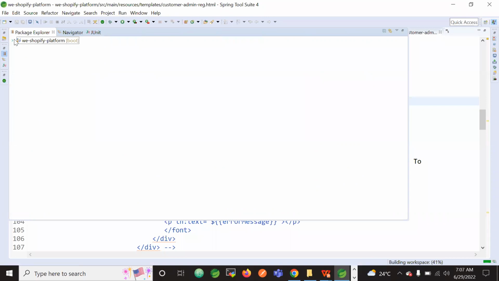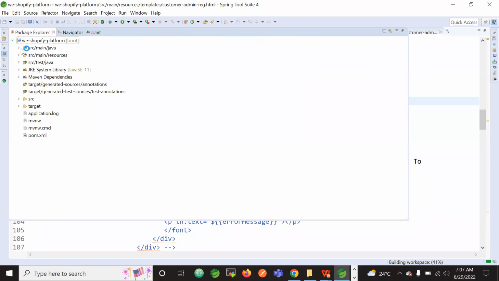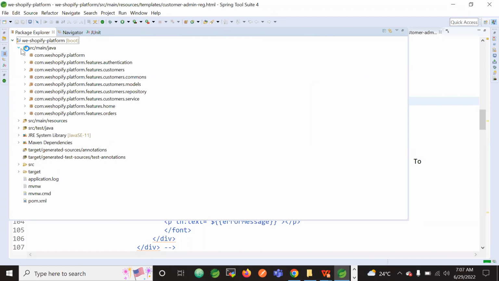For example, on my screen we have the functionality of customers, orders, authentication, and others like products and categories.